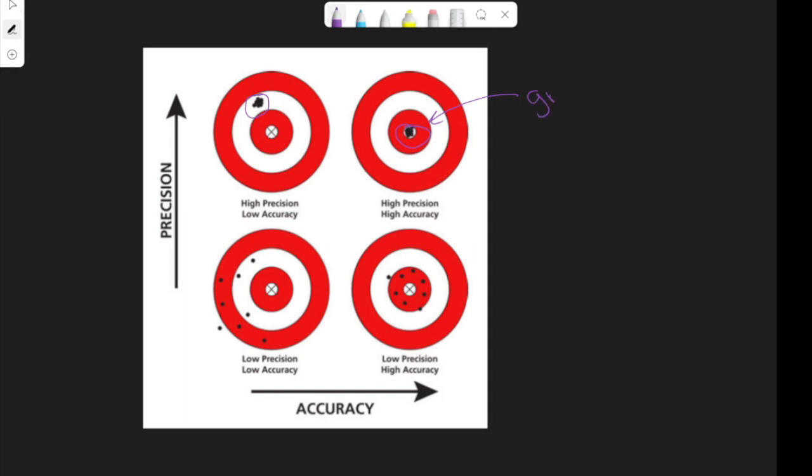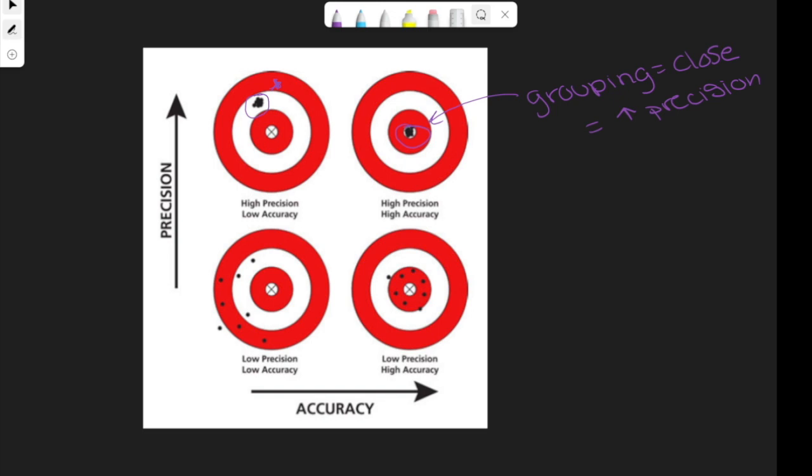So the grouping that is close is equal to high precision. It doesn't matter that some of those groupings are close to the center or further off to the side, like in this one right here. The fact is that since they are grouped together closely, we say that those are very precise.